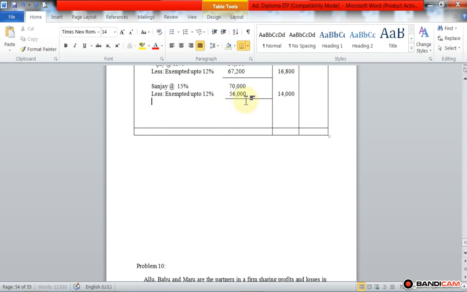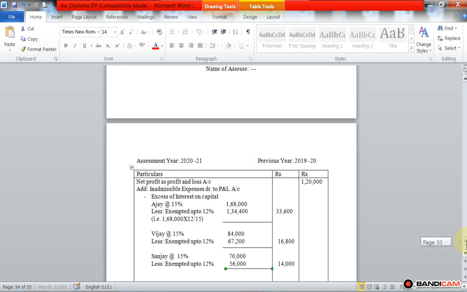Then we make a total of the inner column. All disallowed expenses are taken into consideration.